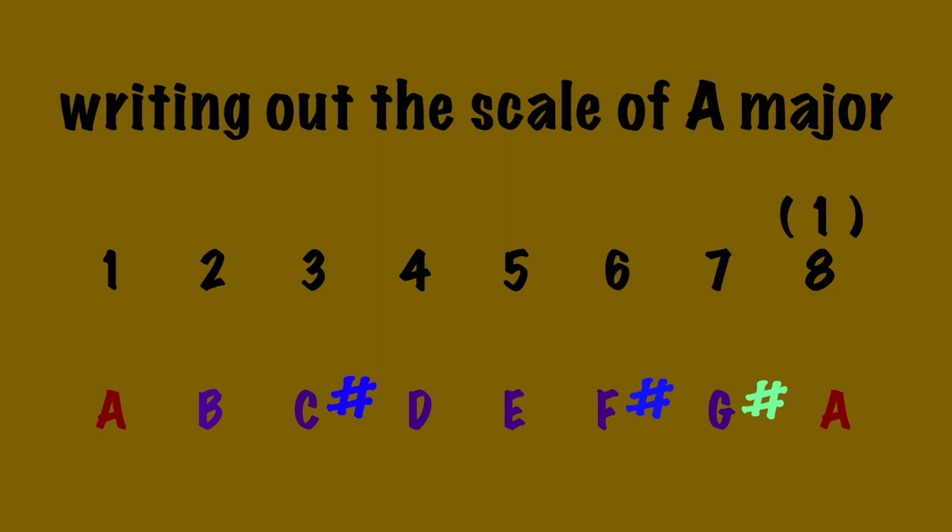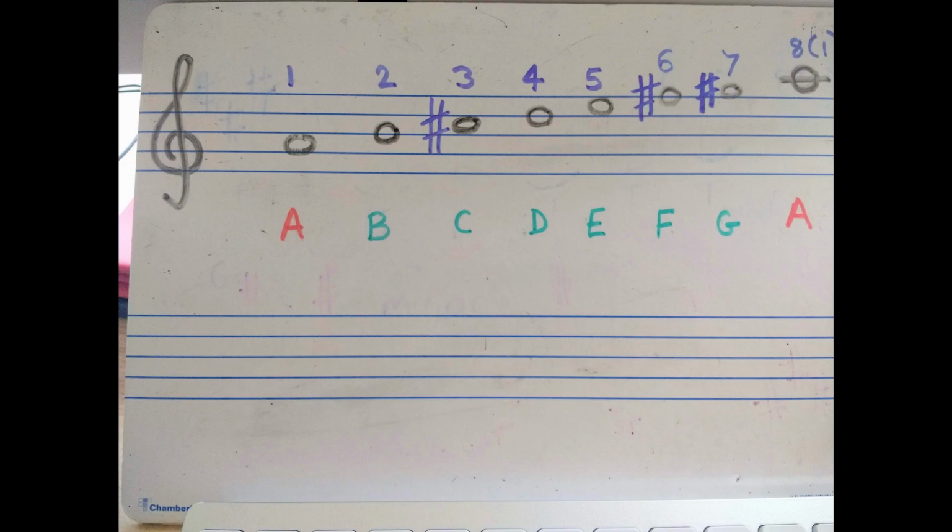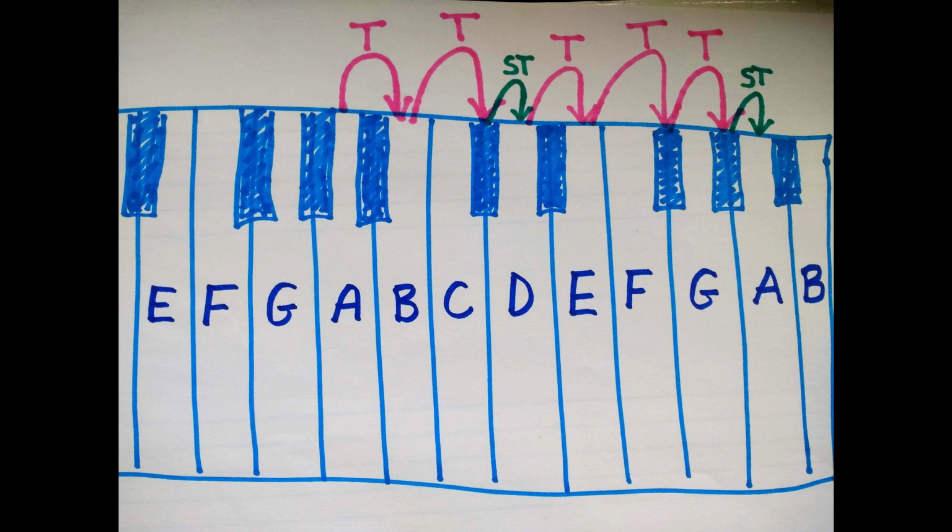So we know that any A's in A major are going to be A naturals, just normal A's. So we are at G sharp. And then it's one more semitone, and that takes us to A, which is our upper tonic.